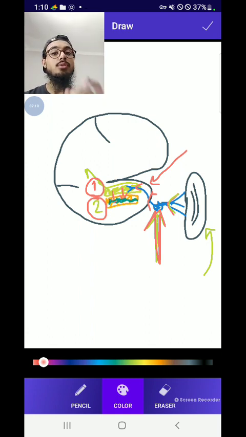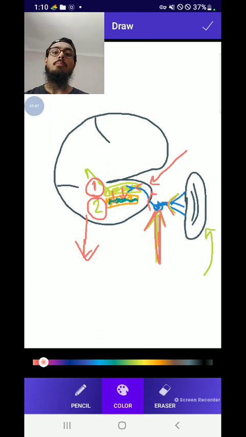So what is the importance of it? When there is damage to the primary auditory cortex, you cannot hear any person, any sound properly. When there is damage to the second area, which I discussed today, you hear the sound but you don't know the meaning of the sound, what type of response to give against this sensory input.